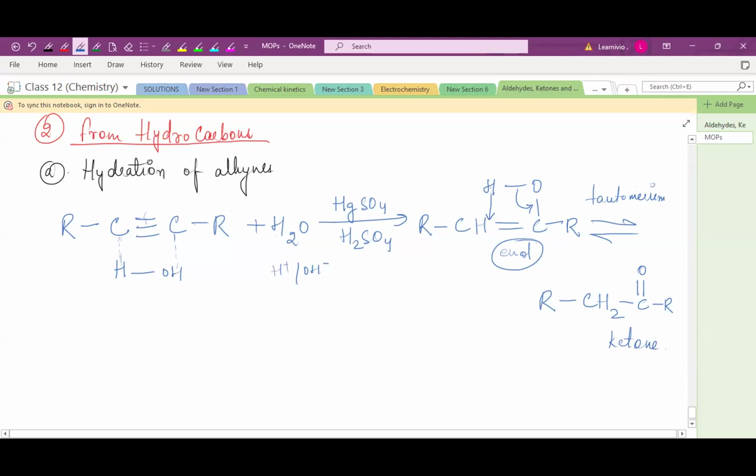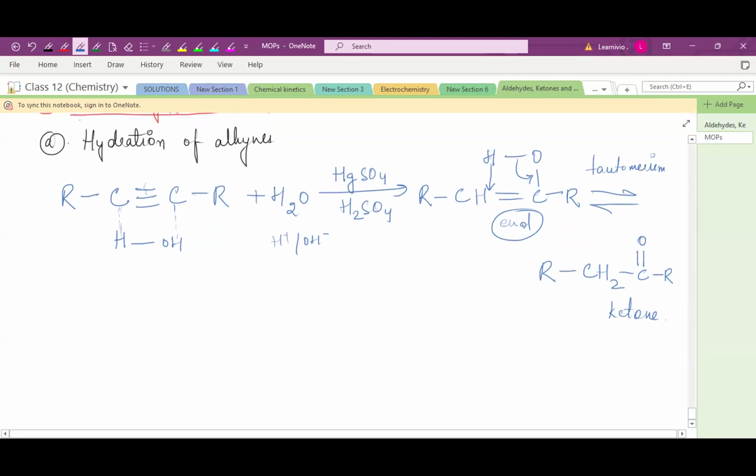Okay, Muniba, is it clear what is tautomerism and what is keto-enol tautomerism? Yes, ma'am. Okay. So in here you can write down.